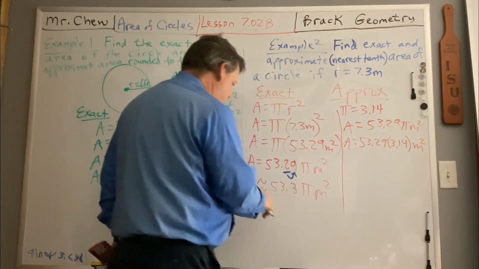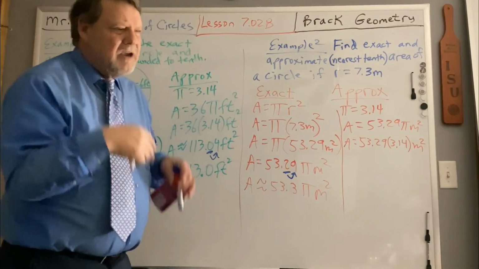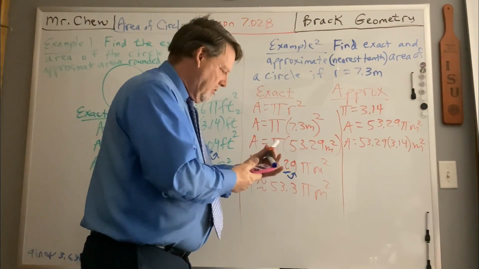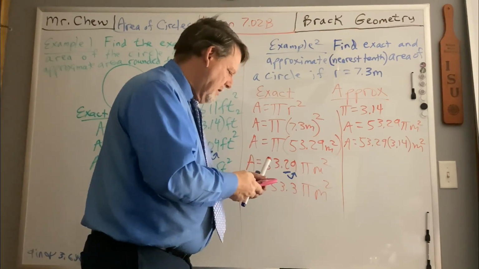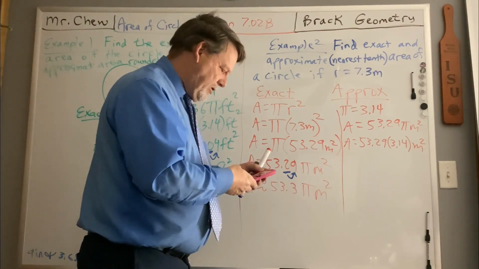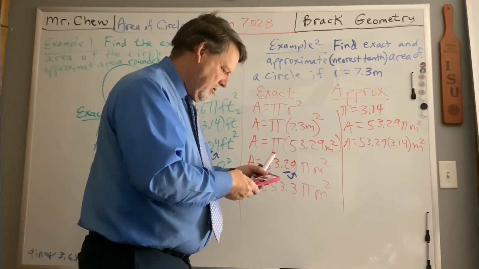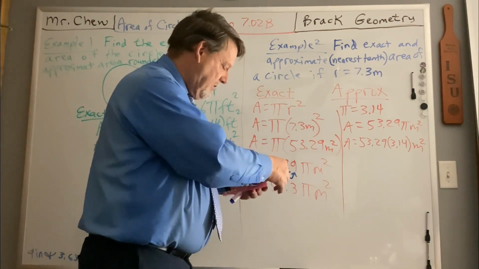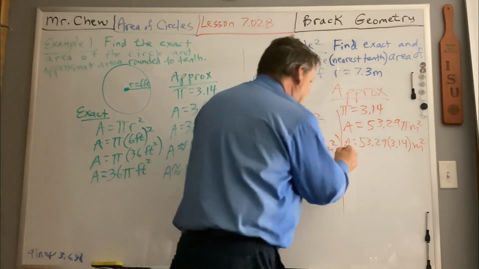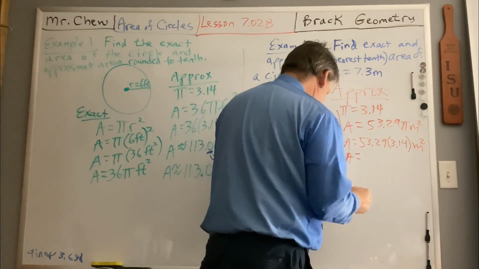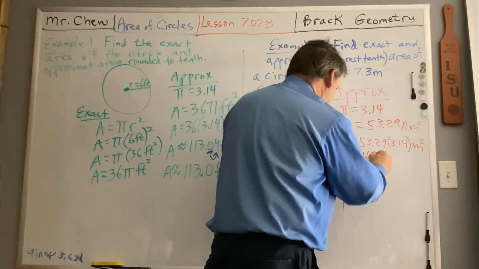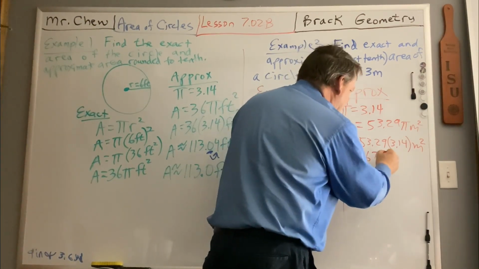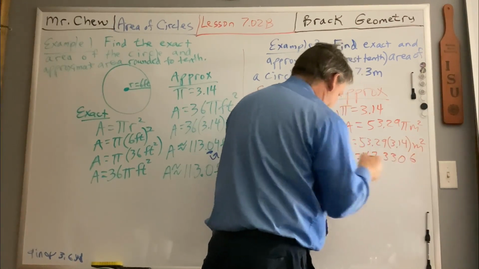Now there's a really good chance if I use both of these, it's going to end up being the same, but I want to show you both. So I've got my 53.29 times 3.14, which is the value they ask us to use, and it's going to be 167.3306.